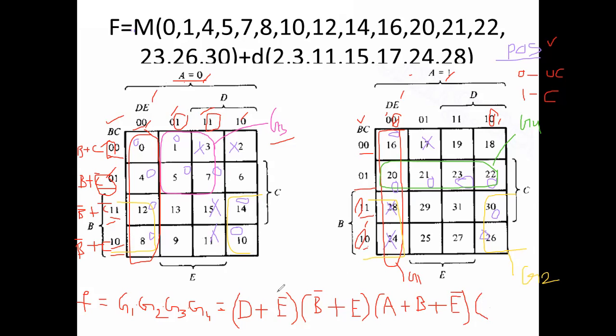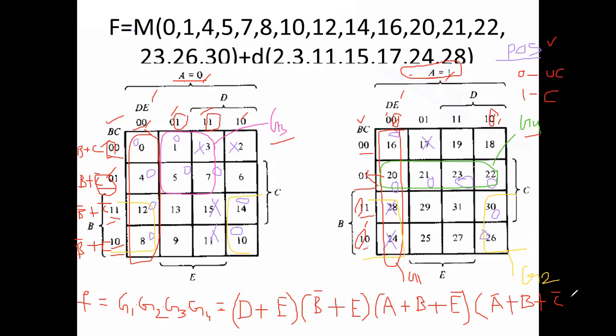Next, group 4. So what is group 4? This is group 4. By observing, this group 4 totally belongs to A equal to 1 only. A equal to 1 means the representation is A bar. So what about the BC variables? This group 4 belongs to only one combination, that is 0, 1. B is 0, so the representation is B. C is 1, so the representation is C bar.